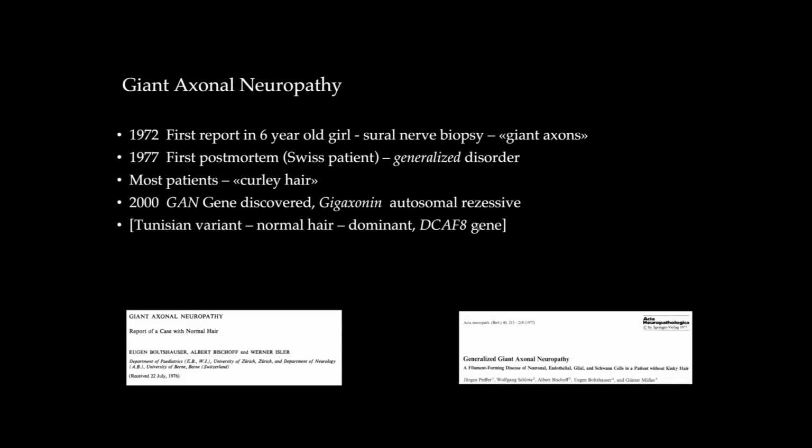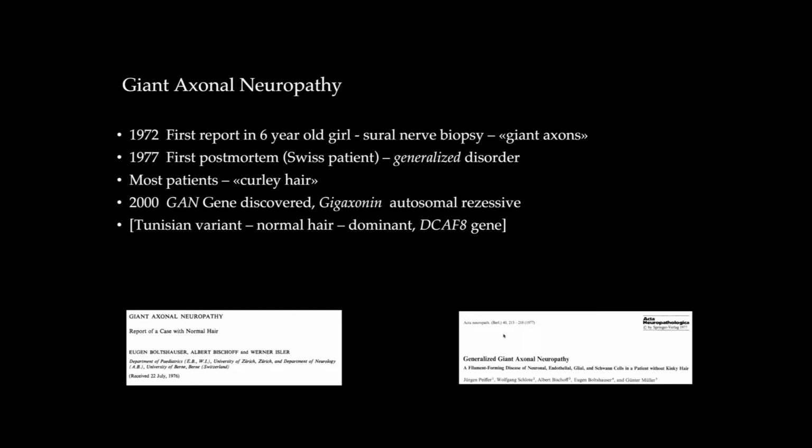I have only seen one patient a long time ago, so I have some interest for historic reasons. In 1977, I was asked to publish this case. The diagnosis was made by Albert Bischoff, a neuropathologist.